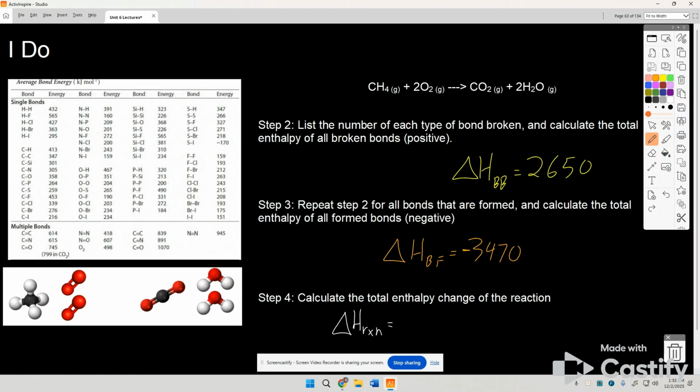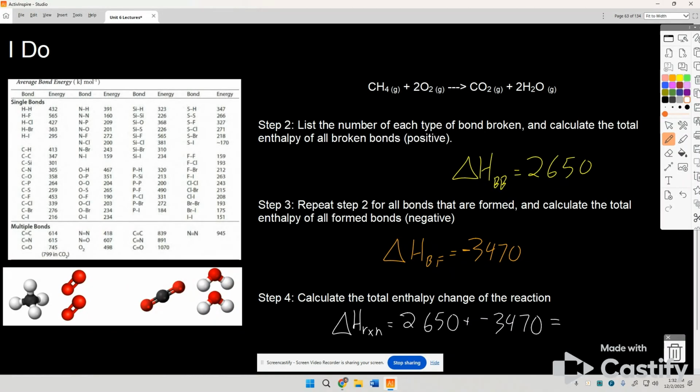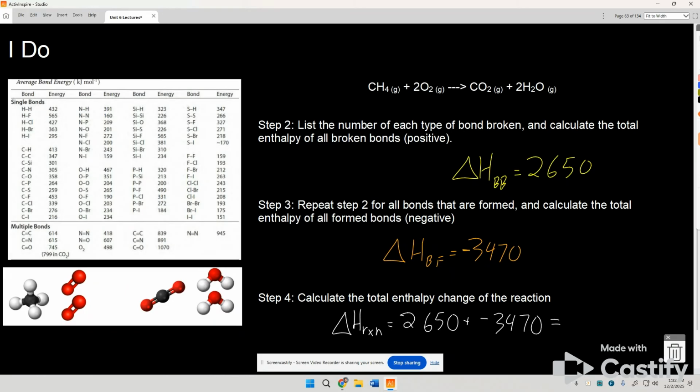I'm sorry. We're going to take those two numbers and we're going to add them, right? We're going to take our 2,650 plus negative 3,470. And that'll give me my overall enthalpy of reaction. So 2,650 minus 3,470 gives me a total of negative 820 kilojoules per mole.